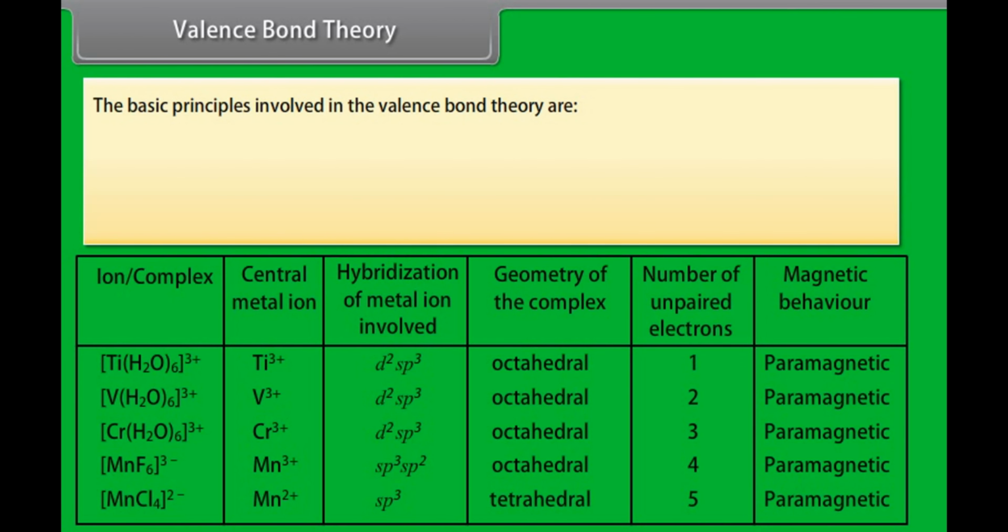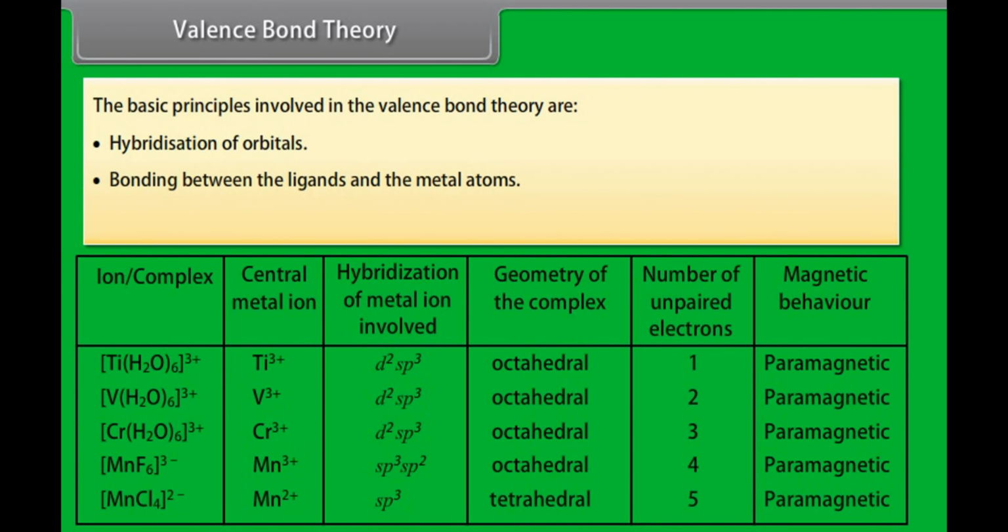Valence bond theory. The basic principles involved in the valence bond theory are hybridization of orbitals, bonding between ligands and the metal atoms, and relation between the observed magnetic moment and the bond type.